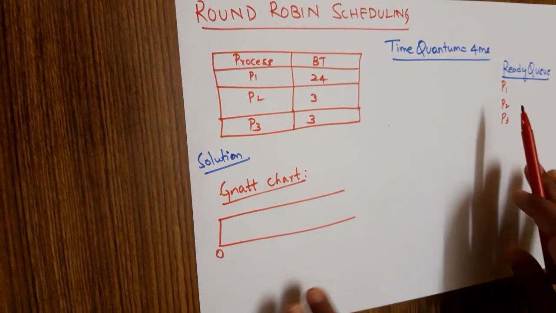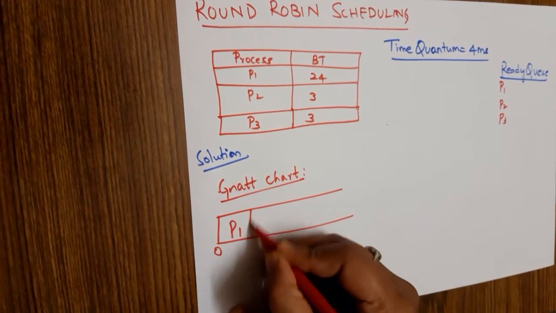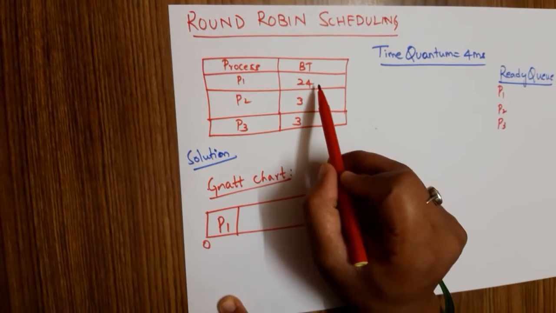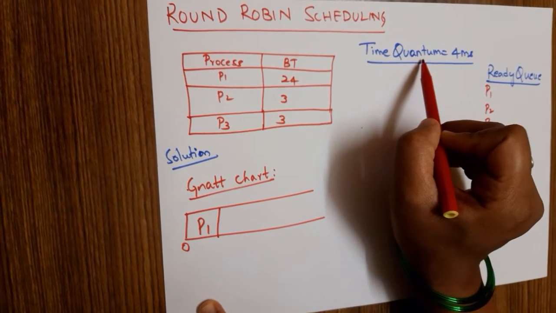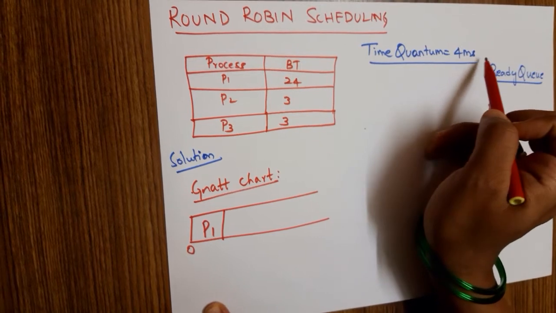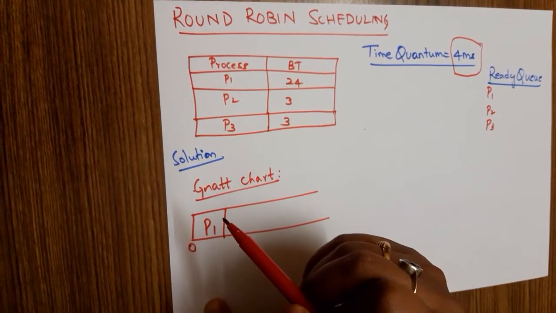Now I shall see P1. Since it has come first, it will execute. What is the burst time for P1? It is 24 milliseconds. But I have told you we should keep in mind the time quantum given in the problem.